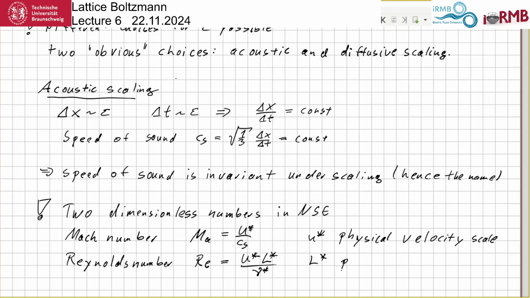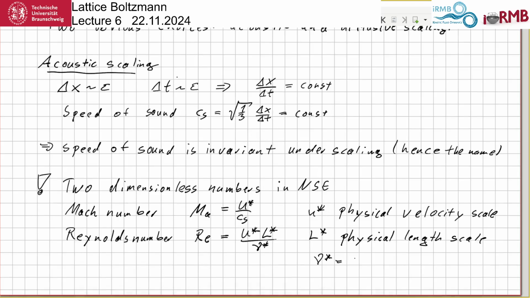So L is a physical length scale, and nu is, okay, what is nu? Nu is the viscosity; in Lattice Boltzmann, it is the speed of sound squared times 1 over omega minus 1/2 delta t. So this is our viscosity.